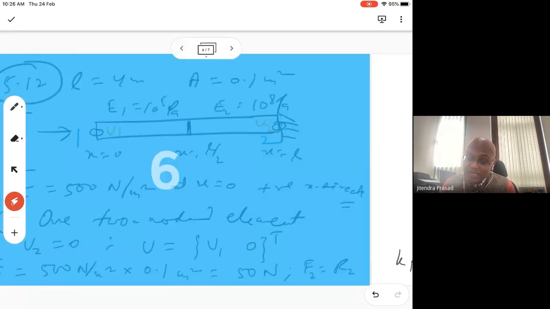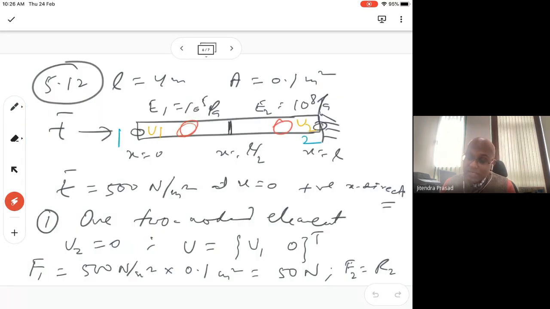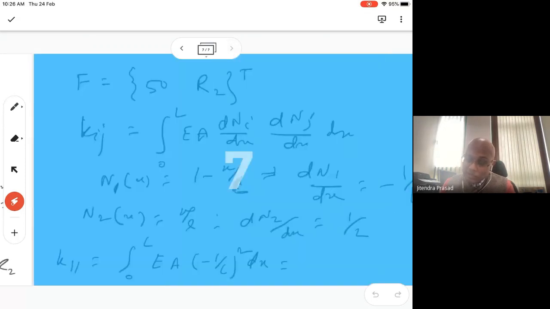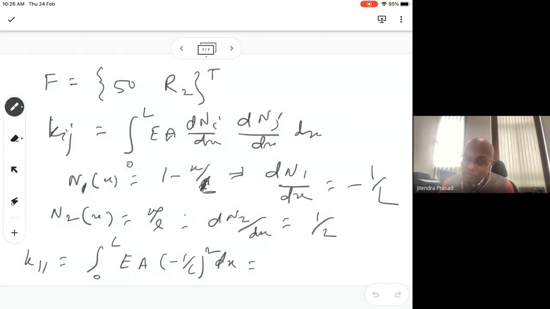Here E is different, here E is different. So what we will do, we go from 0 to L over 2, E1 A 1 over L square dx, plus L over 2 to L, and then we will have E2 A over L square dx.